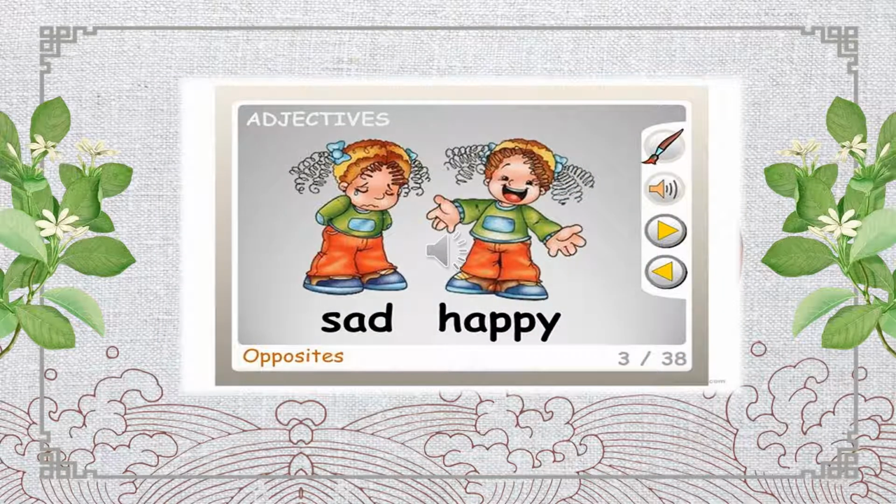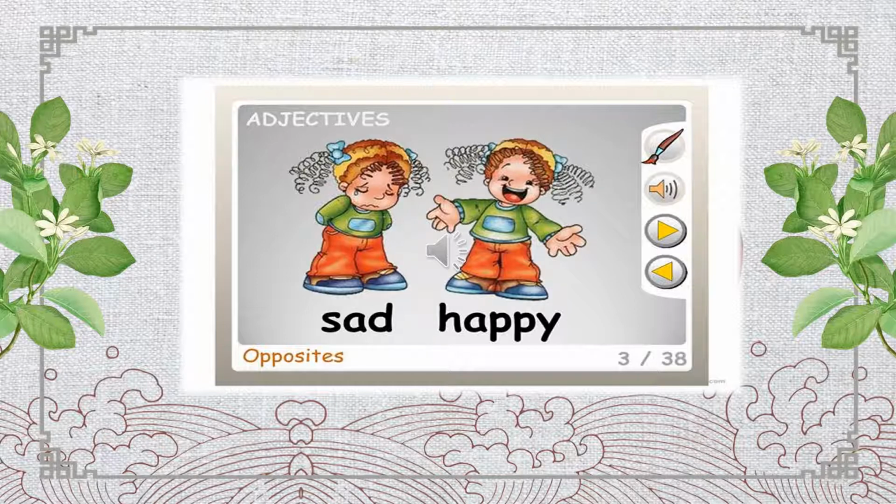Look at this slide carefully. What do you see? In this picture there is a girl who is sad and there is another girl who is happy. So what do we learn? There are two words, sad and happy. How the girl is? The girl is sad.